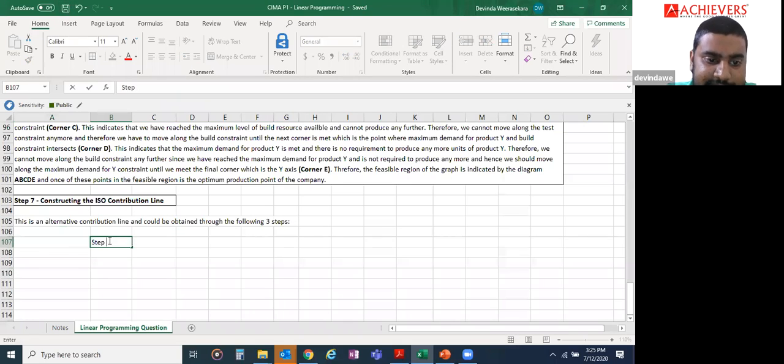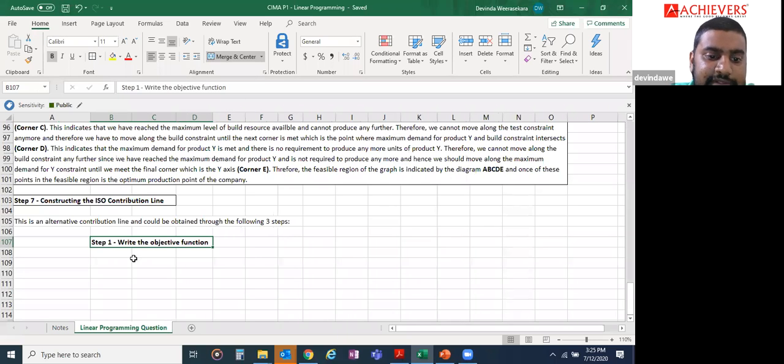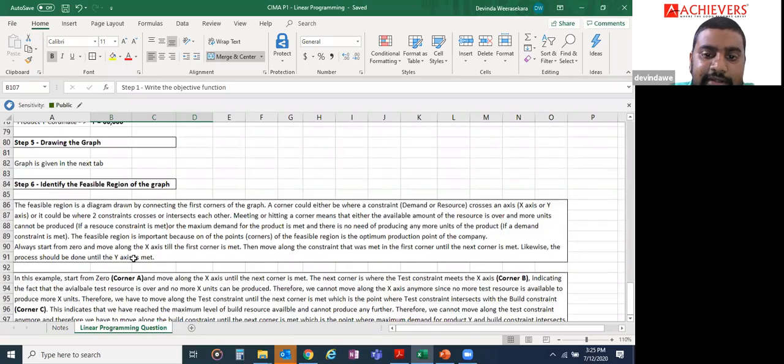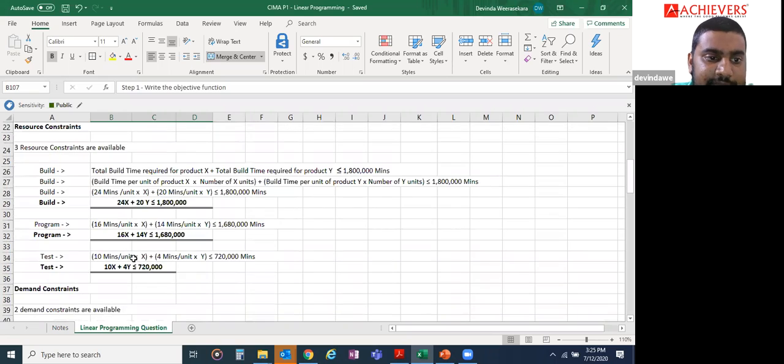Step 1, guys, is to write the objective function. So the first thing to do is write down the objective function, right? From where do we get the objective function? The objective function was calculated in step number 2. Remember, go all the way back to step number 2.